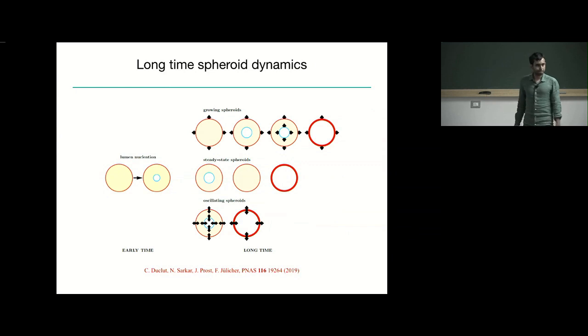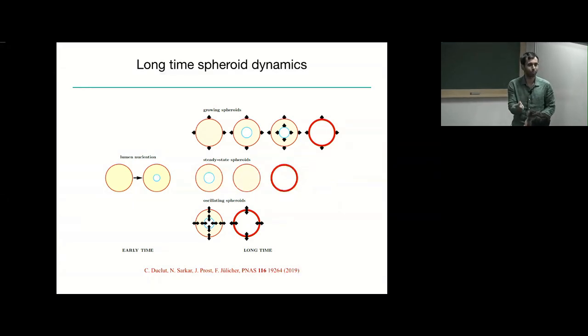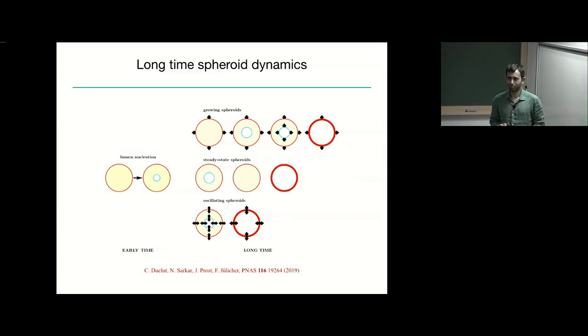When the lumen starts, is a new interface generated there? That should be, but in our model, because it's very difficult to theoretically describe starting from nothing, we don't know how to do that.